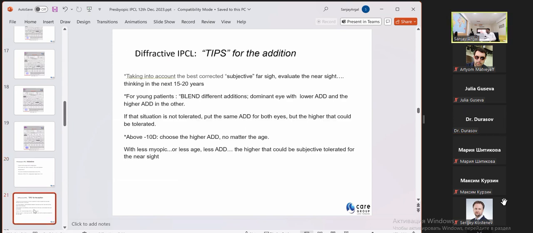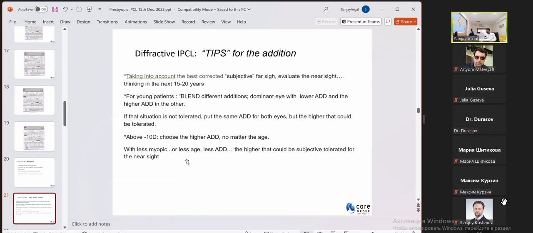And these are some tips for the young presbyopic patients. But the thumb rule is the patient must be more than 40 years of age, and having more than 1.25 diopter addition for the near vision.